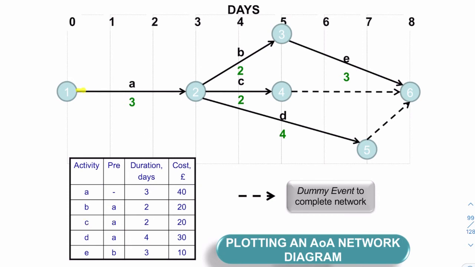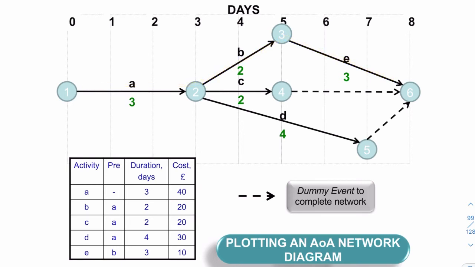D can't happen until after A has happened. And E has to follow B, and therefore comes after A as well.